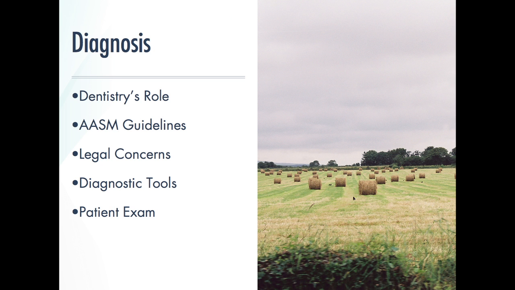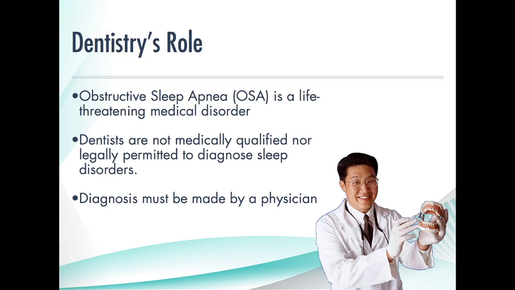What is our role? We look at the AASM guidelines, what our legal considerations are, what tools we have at our disposal, and our examination process. We help to identify, and we're one of the greater identifiers for the physicians because we see people, in terms of the facial profile, for instance. Most common patients that I see either have very retrognathic, retruded jaws, or they have had four bicuspid extraction orthodontics where they've taken some teeth out and shoved everything back.